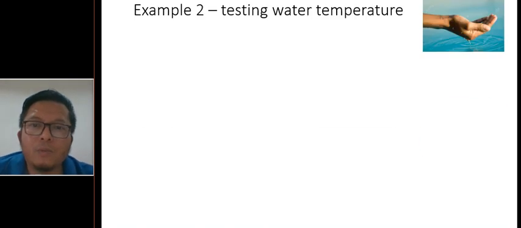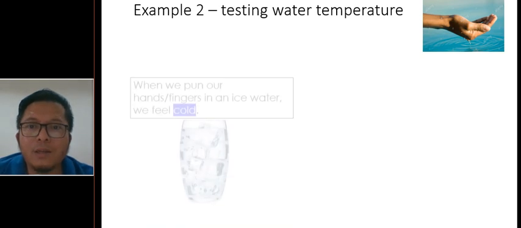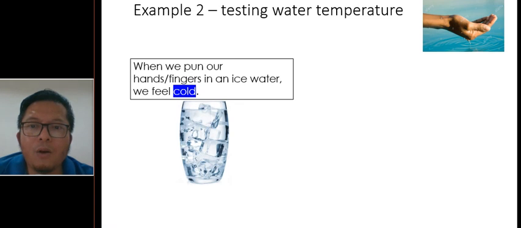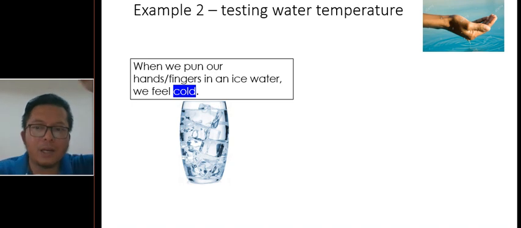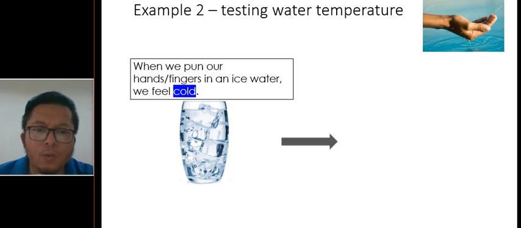Example 2. Test water temperature. Let's test water. You can try this at home. This is very easy. When we put our hands or fingers in ice water, we feel cold. Ice water is cold.